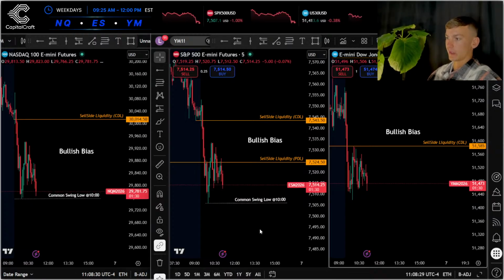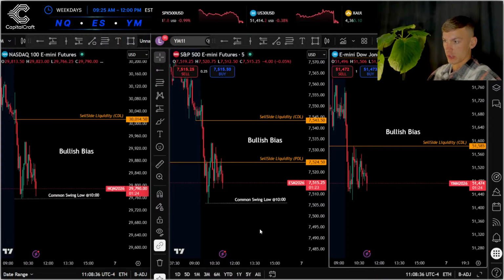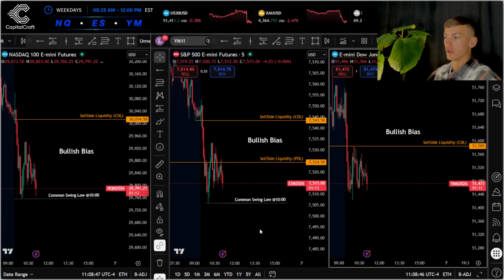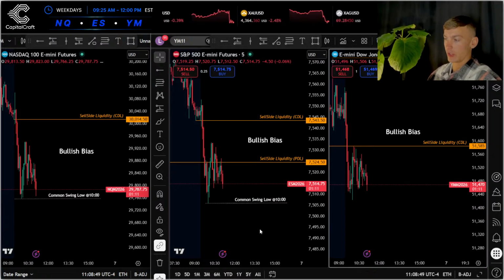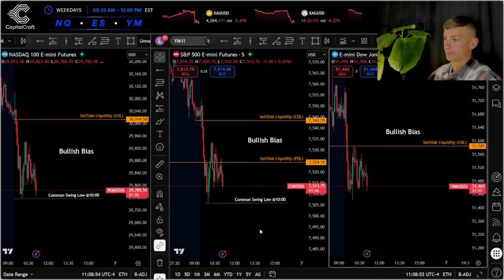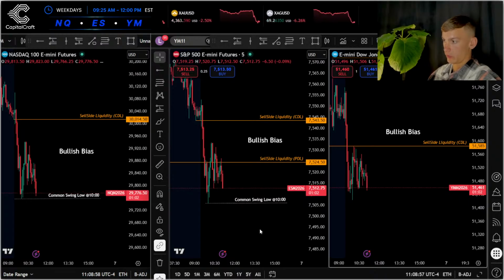And since we are at the low of day, we are expecting quite a lot of the marketplace to do that. So I really am keeping my fingers crossed that this specific swing point will act as our potential reversal towards the upside. Because right now I can see that the Nasdaq is going to take it out before the S&P does. Hopefully we do not see that specific swing low raided on the S&P. That would obviously qualify for a smart money reversal or smart money tool to pan out, whichever way you guys want to refer to it as.